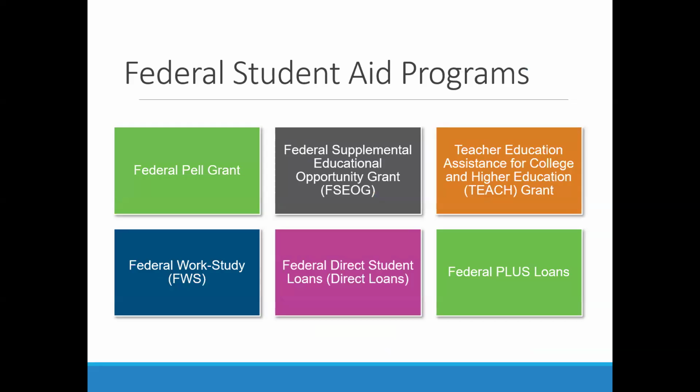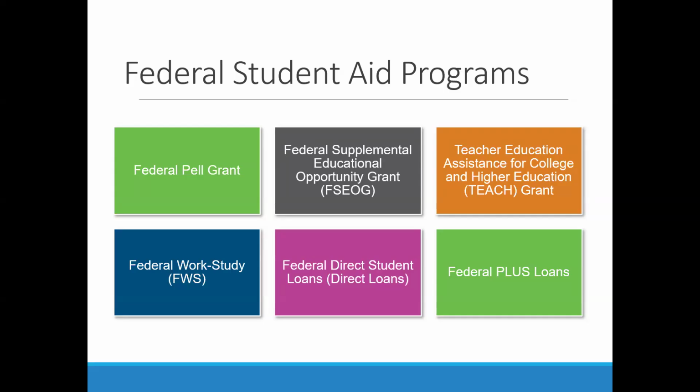The federal student aid programs include the federal Pell Grant, the Federal Supplemental Educational Opportunity Grant, or FSEOG, the Teach Grant, Federal Work Study, Direct Loans, and the Federal Plus Loan. So the Federal Pell Grant and FSEOG are going to be your need-based grants, and those are going to go to the students with the most need.